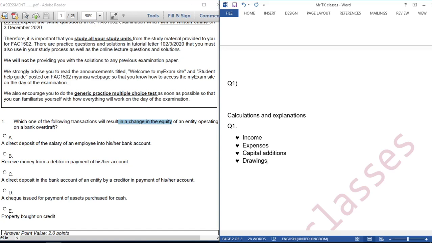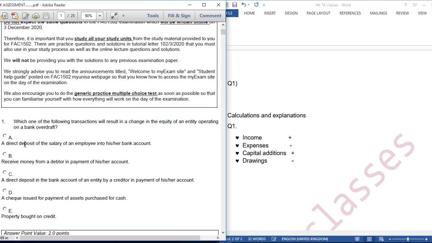So let's look for these things here. Let me also put signs. This one increases equity, this one decreases equity, this one increases equity, this one decreases equity.